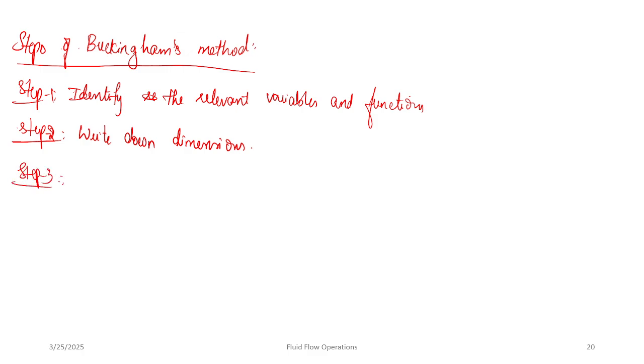Step 3 is the establishment of the number of independent dimensions and non-dimensional groups.